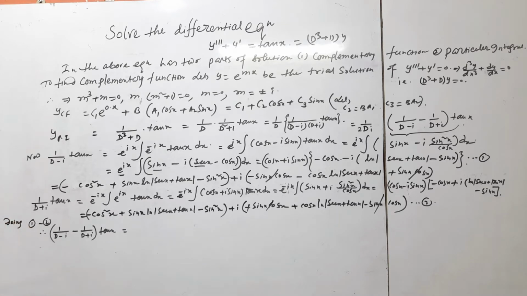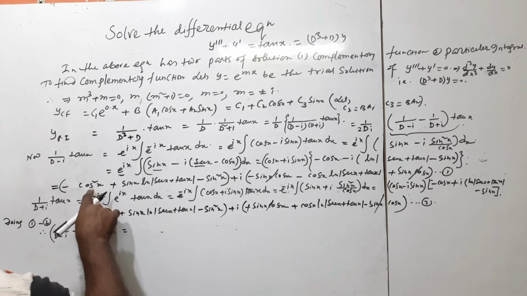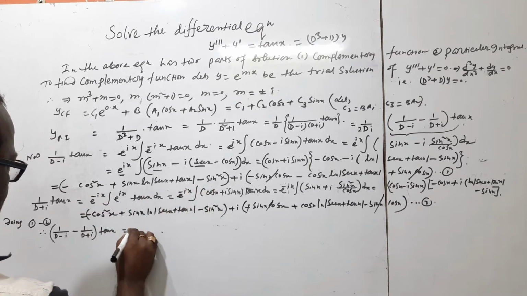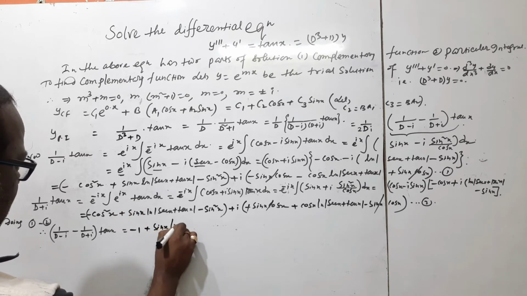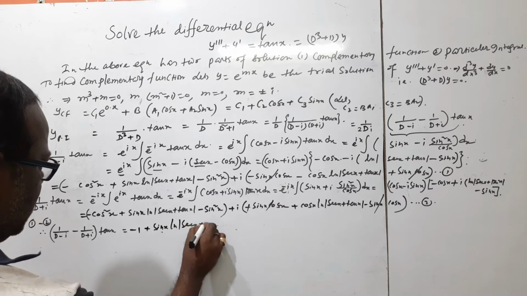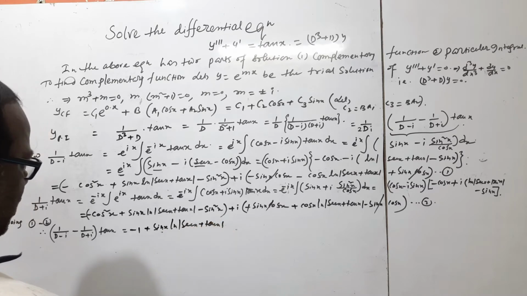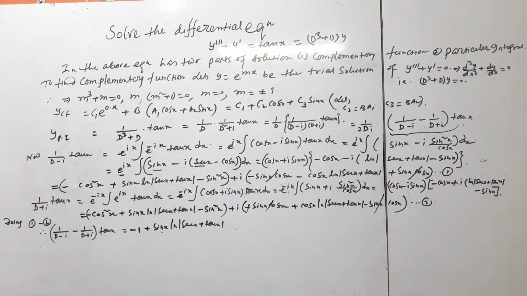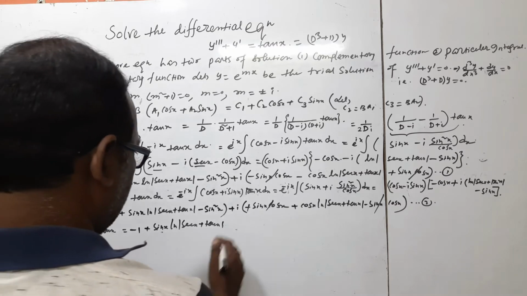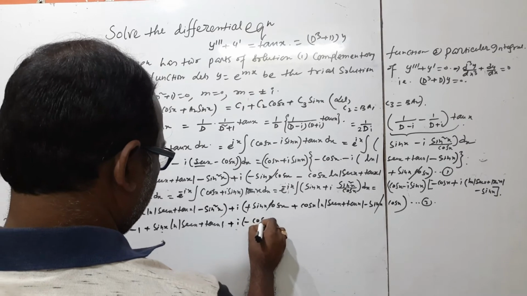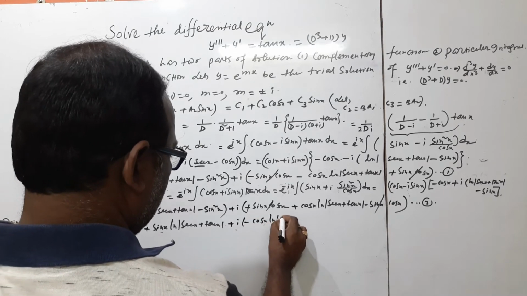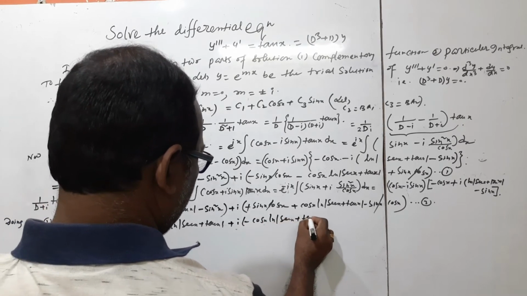The solution is here cos square sin square, this is minus 1 plus sin x ln mod sec x plus tan x, plus i into minus cos x ln mod sec x plus tan x.